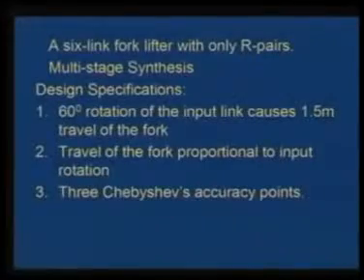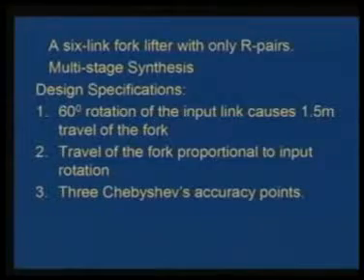The three Chebyshev accuracy points in this interval from BI to BF can be determined, as we know, both analytically and graphically. First of all, let me determine these three accuracy points B1, B2, B3 analytically.